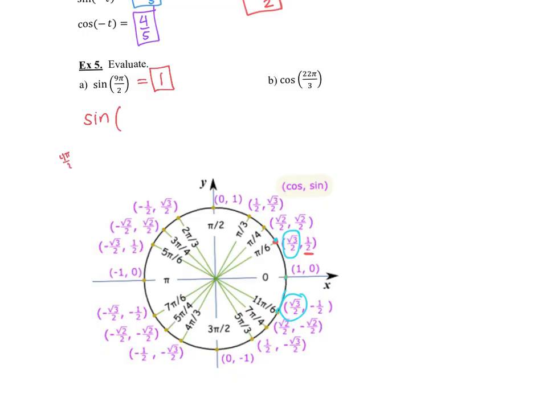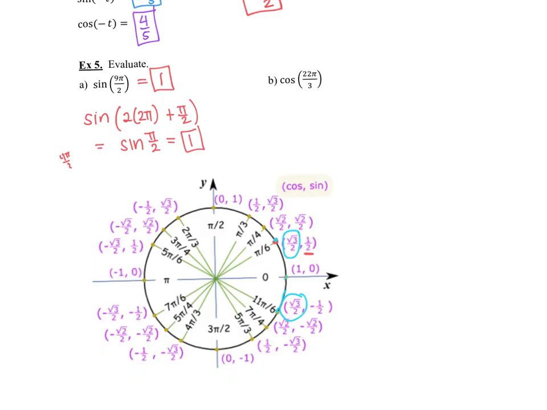Okay, so I went 4 pi over 2, 8 pi over 2. I probably went around twice. I went around twice to get to 4 pi or 8 pi over 2, plus I have an extra pi over 2, which means that the sine of 9 pi over 2 should be the same as the sine of pi over 2, which happens to be 1, and I could get the answer using the fact that it is periodic.